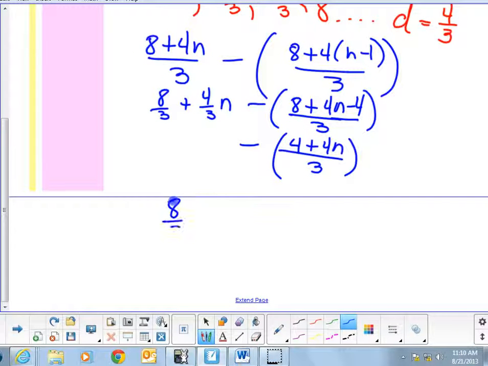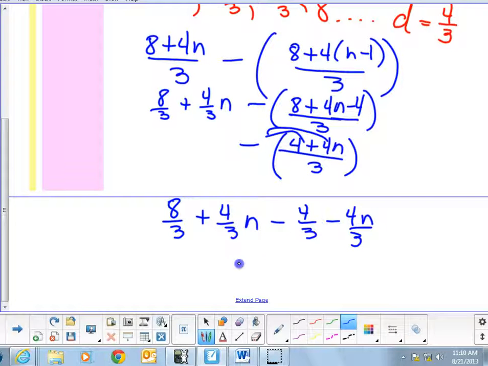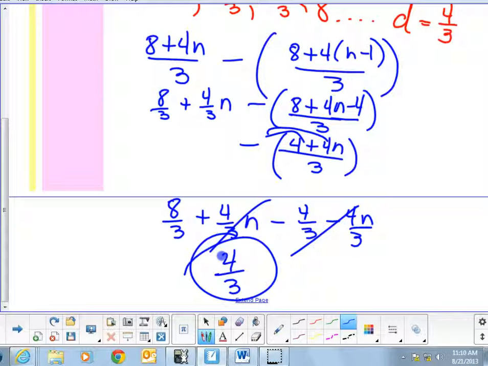So I end up with 8 thirds plus 4 thirds and minus this, which is 4 thirds minus 4 thirds, and when I distribute the negative and put the 3 underneath both, what happens? I get, okay, don't have to do that. But it's going to ask you to do this on your homework, and you need to show me one way or the other, okay?